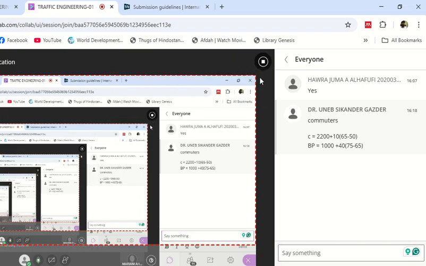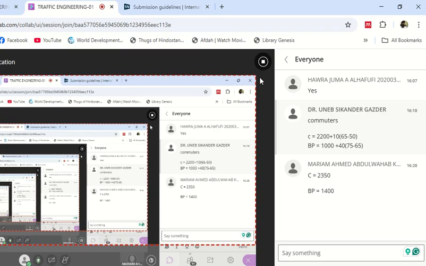So with these values, what is the capacity and breakpoint here? And the breakpoint?